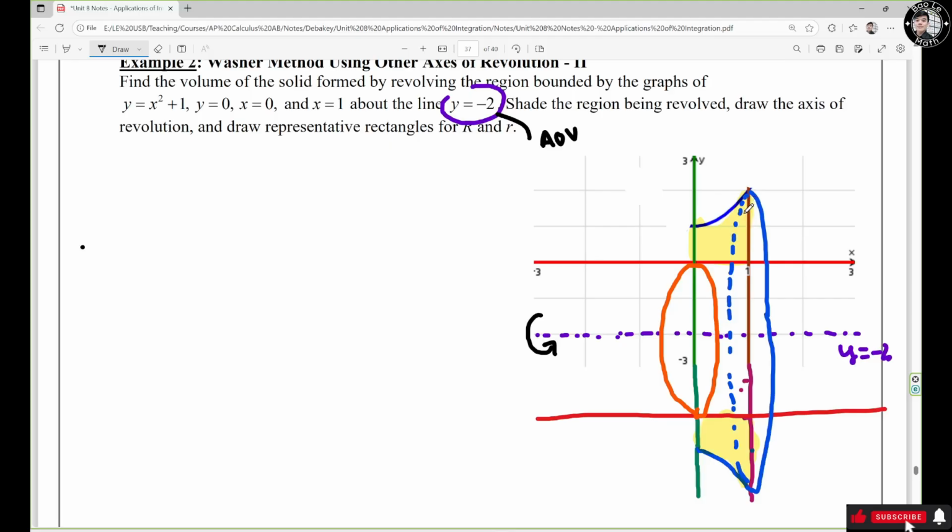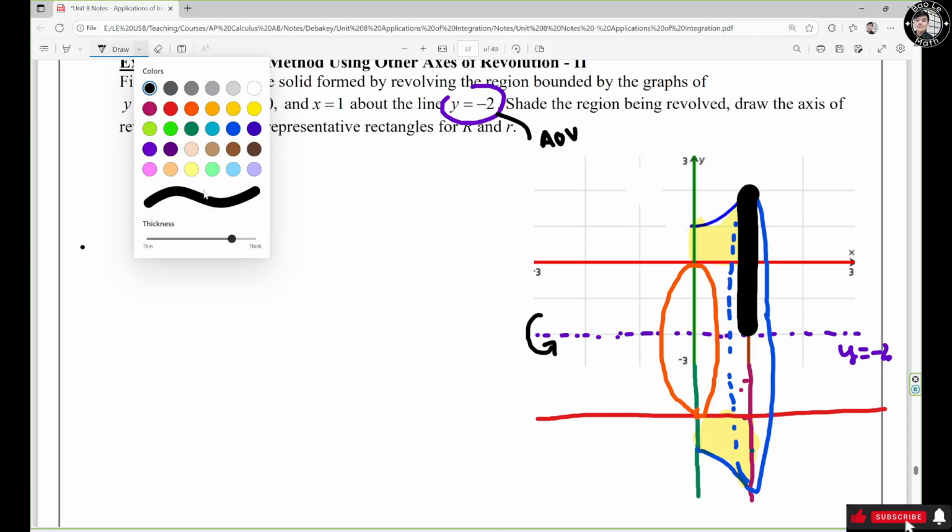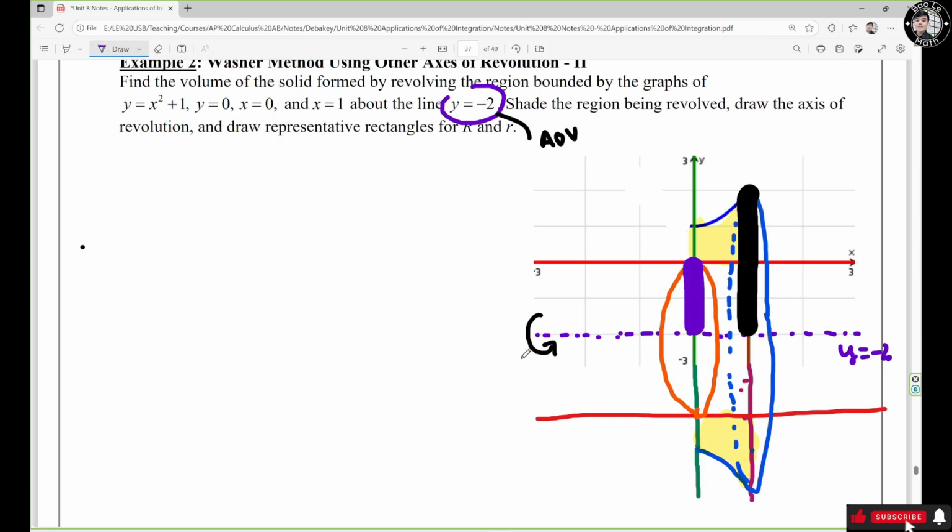And the representative rectangles must be perpendicular to the axis of revolution. So the bigger radius is right here, and the smaller radius is right here. In this situation, you don't need to split this into two integrals.